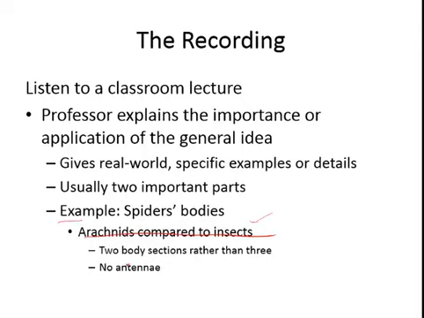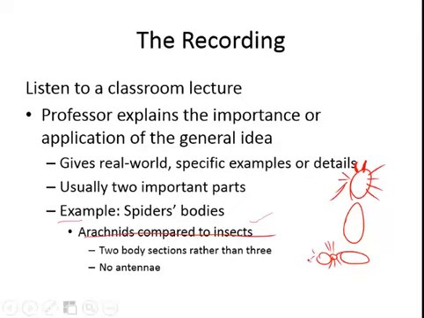You might hear that spiders have two body sections. A spider has only the two sections, and that insects like flies or ants have three sections. You would hear that spiders don't have antennae.